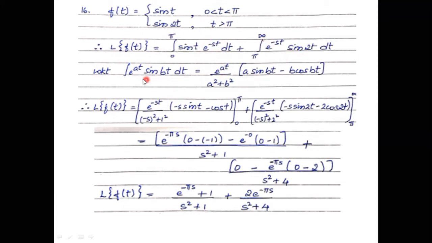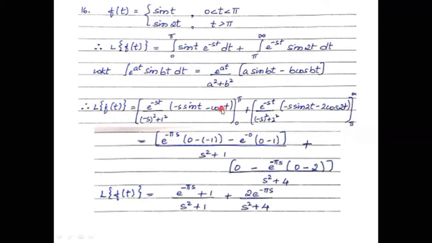And I know this formula, integral e power at sine bt dt, we have done this in PUC, is equal to e power at by a square plus b square into a sine bt minus b cos bt. So I'll be using this formula for both the integrals. In both the integrals, in place of a you are having minus s, and in place of b you are having 1 for the first and 2 for the second. Accordingly I'll use this formula.